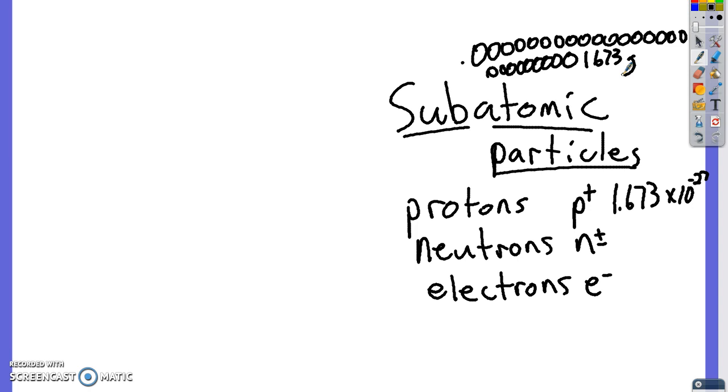And they said that's just kind of unwieldy to work with. So let's make up a whole new unit. And they made one called AMUs, which stands for Atomic Mass Unit, which makes sense. Because atomic, it has to do with the atom.